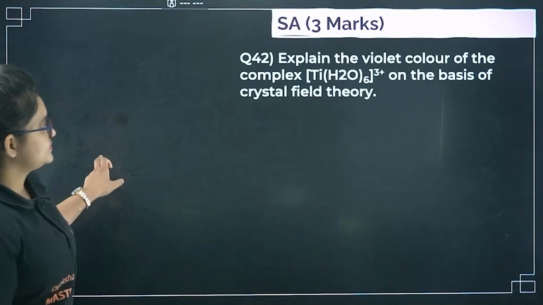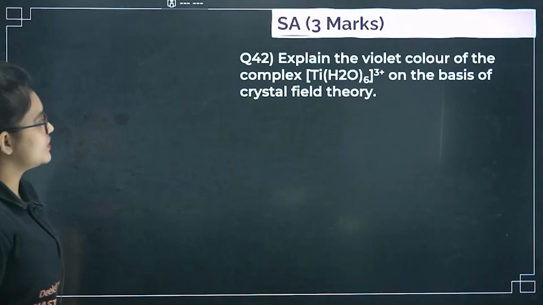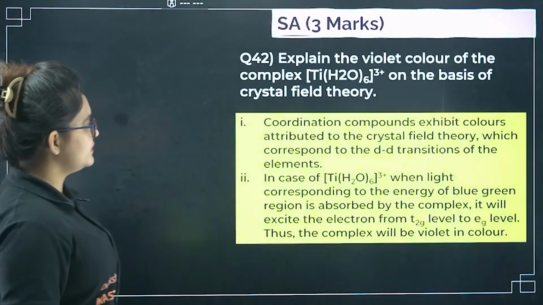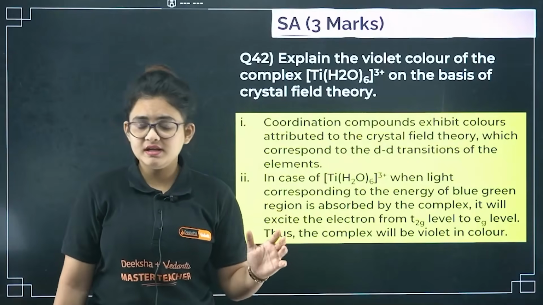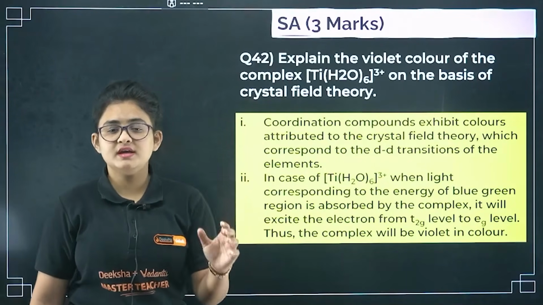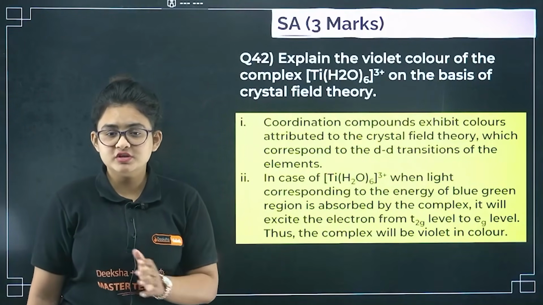Let's proceed. Explain the violet color of the complex on the basis of crystal field theory. Definitely any complex compound exhibits color because of the d to d transition.